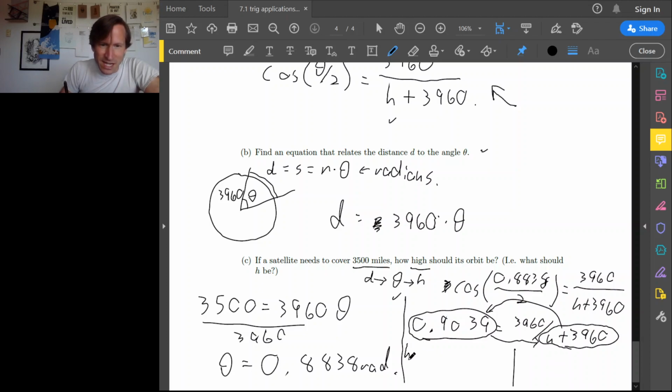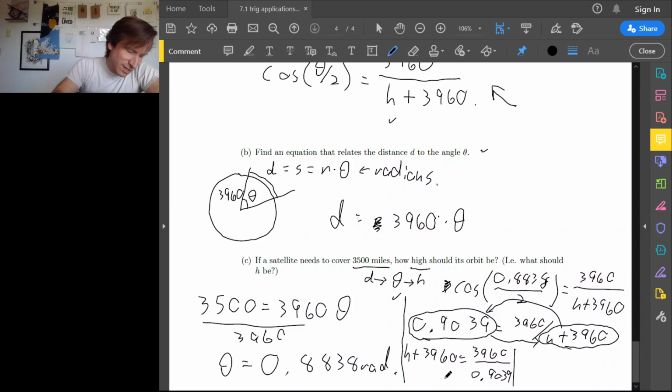So we're going to have h plus 3,960 equals 3,960 over 0.9039. Okay, and we can do that calculation.